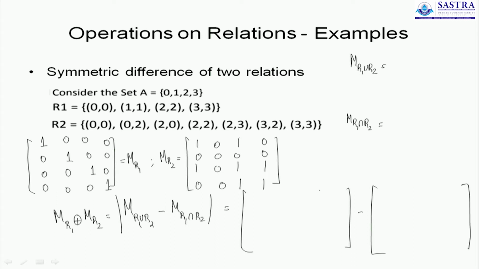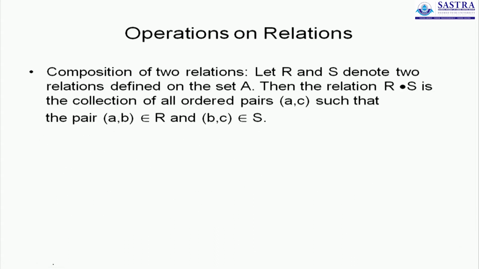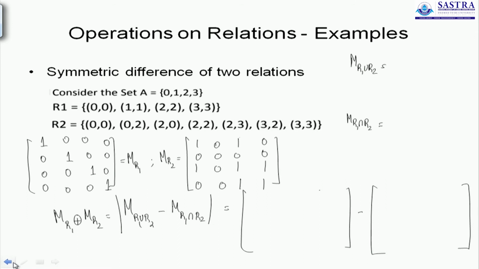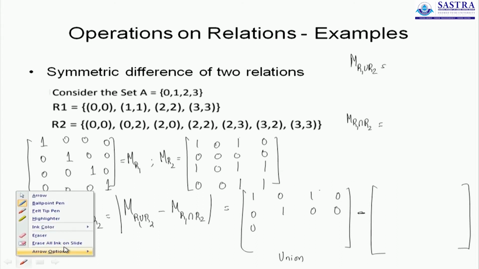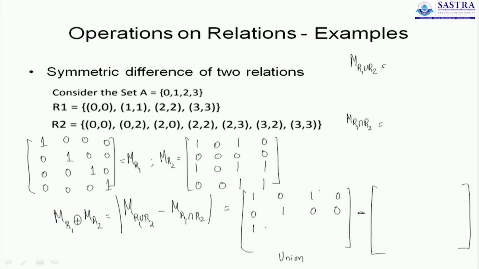We'll just need to subtract these two. The union will be this way. This is a union matrix. That's 1, 0, 1, 0, 0, 1, 0, 0, 1, 0, 1, 1, 0, 0, 1, 1, minus the intersection.